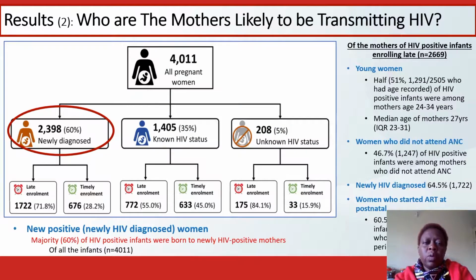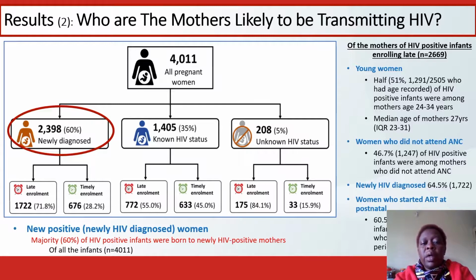Looking at the mothers, who are the mothers who are likely to be transmitting HIV? First, among all the 4,000 infants, 60% of the HIV positive infants were born to newly diagnosed HIV positive mothers.